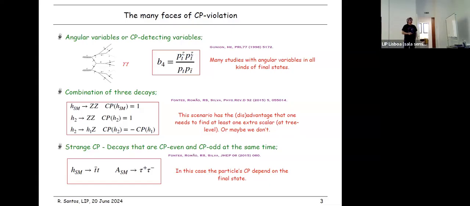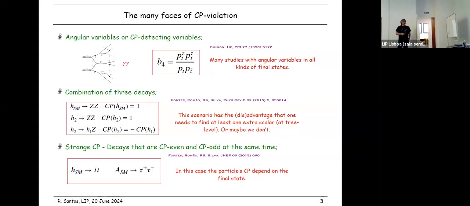And then there is also this scenario that I will also discuss in more detail later, which is the following. Suppose that you find a particle, a 200 GeV scalar, and now you're going to look for the decays of the scalar. And of course, this cannot be the standard model.